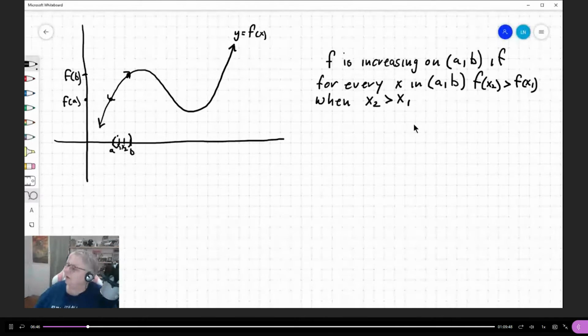Basically, as x increases, the function increases.